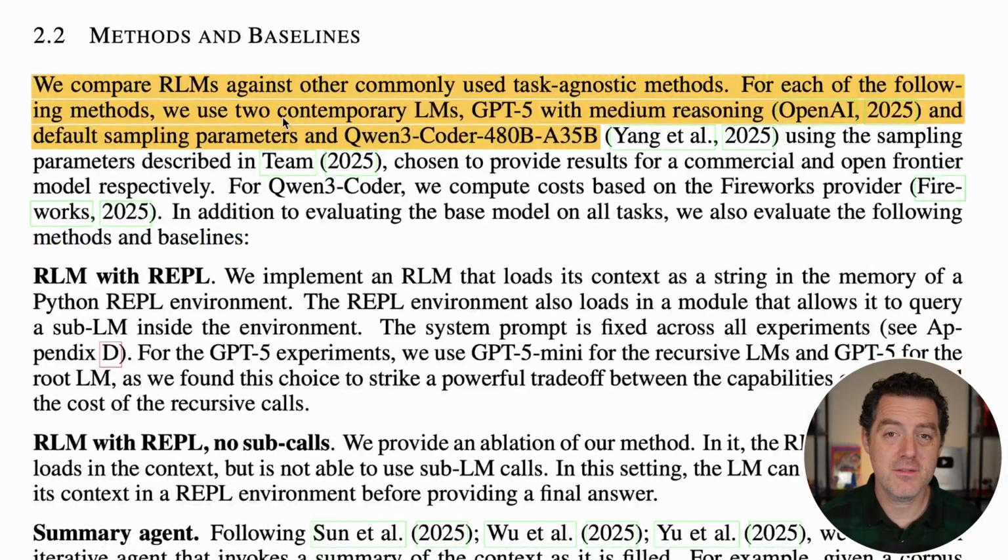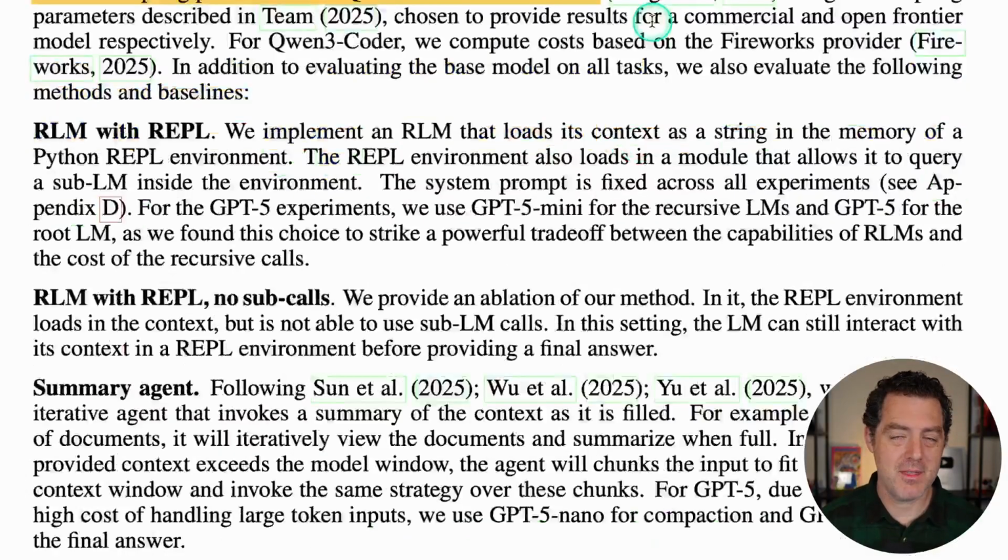So they tested all of this against two main models. We have GPT-5 with medium reasoning, and they used an open source model, Qwen3 Coder 480B with 35 billion active parameters. And they used 4 different approaches. They used recursive language model with REPL. REPL is that environment that I mentioned.